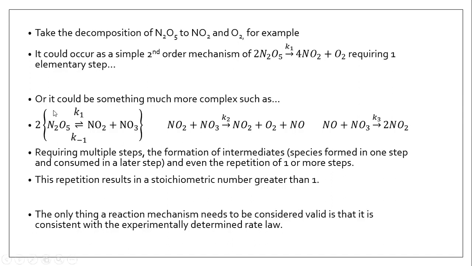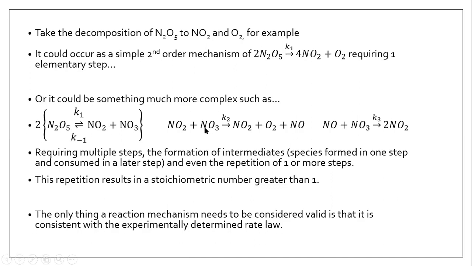At first, N2O5 reversibly breaks into NO2 and NO3. So this is a reversible reaction. This has to happen twice because we need 2 NO3s, because we have 2 equivalents of N2O5.